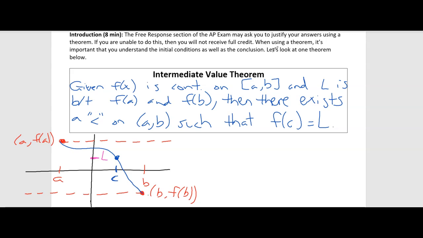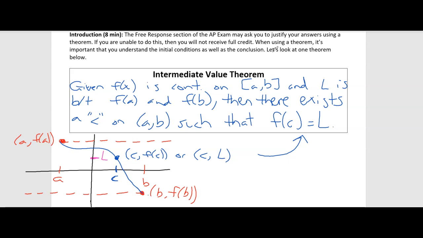So the L value is between f of a and f of b, and c will be between a and b. And this point, we could actually write it two ways. We could say c comma f of c, or c comma L. And that just has to do with what's up here, right? We said f of c would be equal to L.